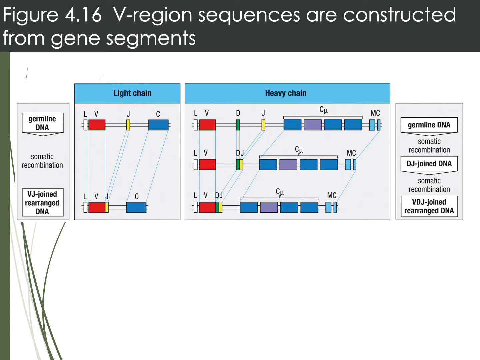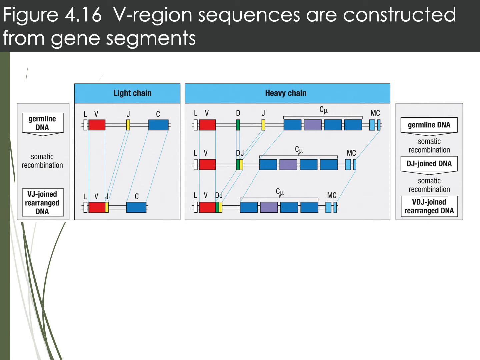They select a variable and a joining, and that gets rearranged and joined together. You can see down at the bottom for the light chain how the space between the variable and joining has been removed. That ends up coding for your functional light chain.